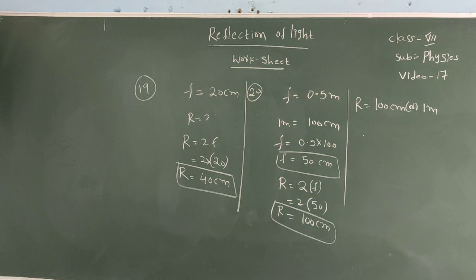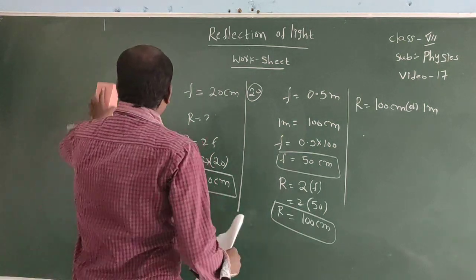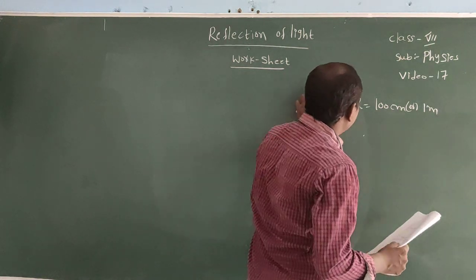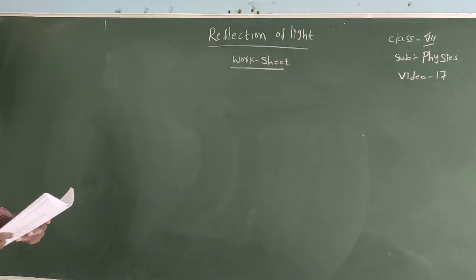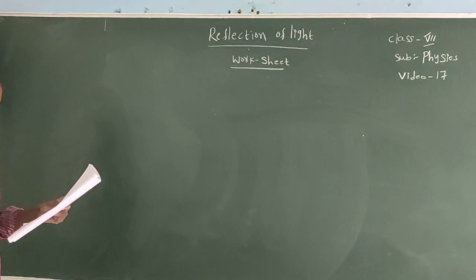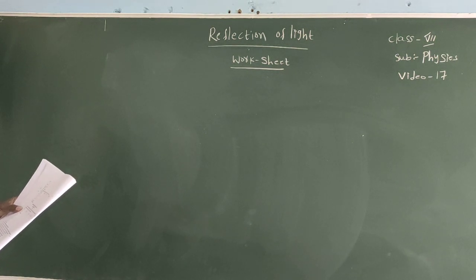Okay, next, 21st one. A convex mirror has a radius of curvature of 20 centimeters. Then find the position of the image of an object placed at a distance of 12 centimeters from the mirror.